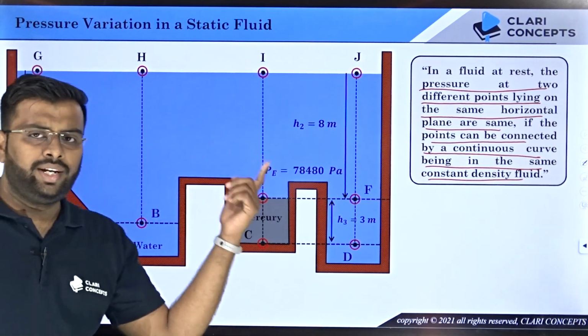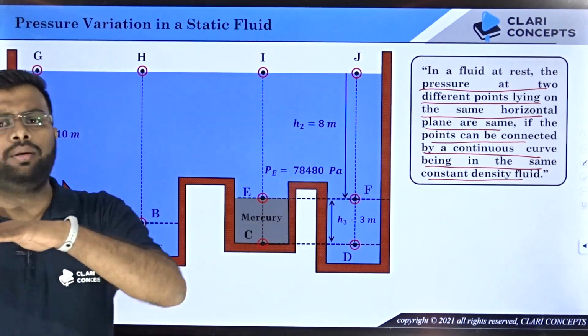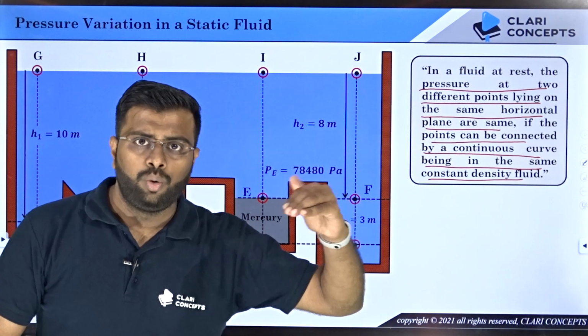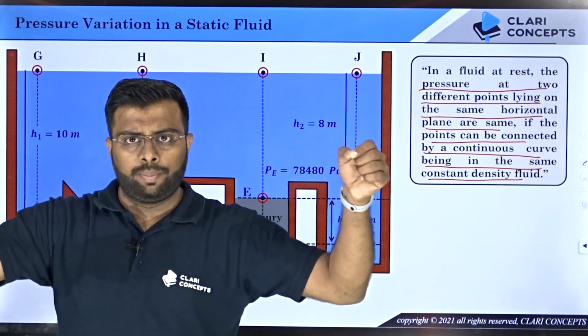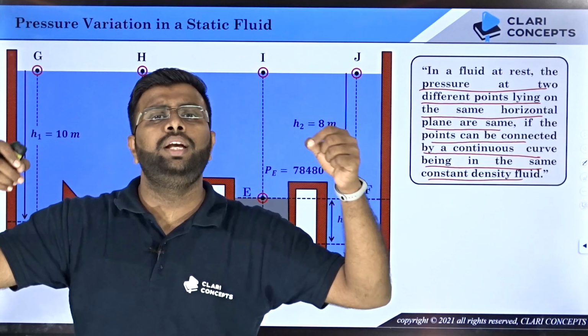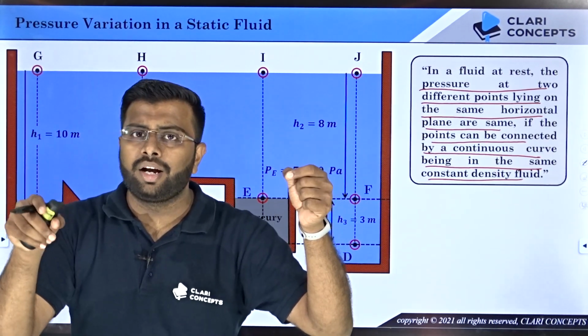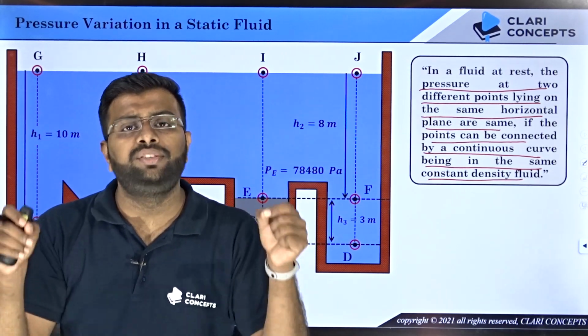See, earlier statement said that points lying on a common horizontal plane, pressure will be same. But here the statement has been changed a bit. What they are saying? Two points which lie on a common horizontal plane, pressure at both of them will be equal only if you can connect both these points by a continuous curve being in the same constant density fluid.